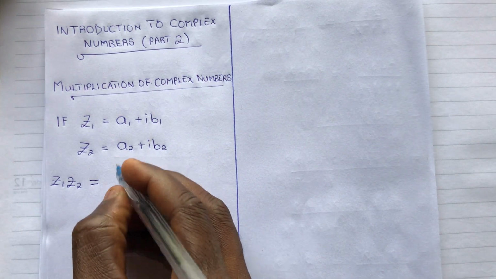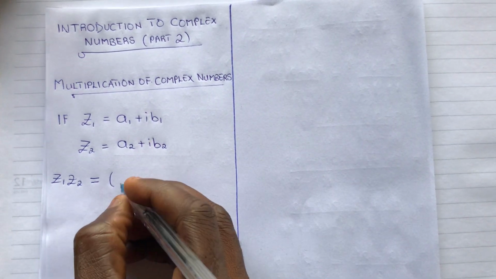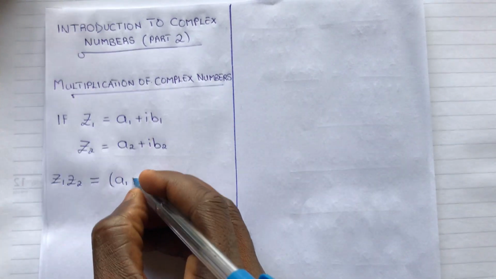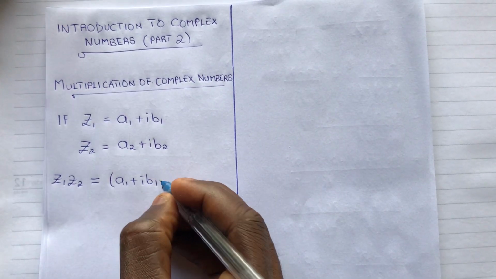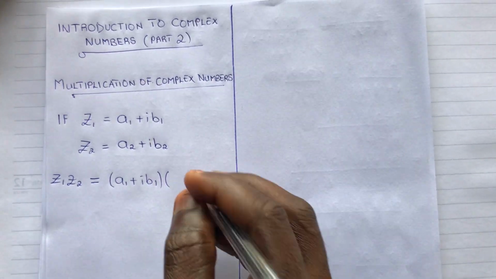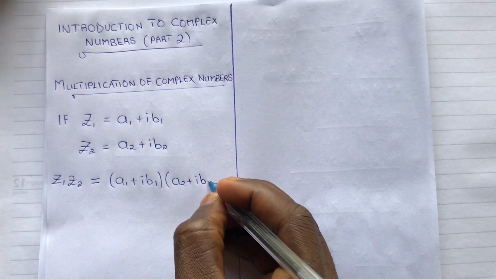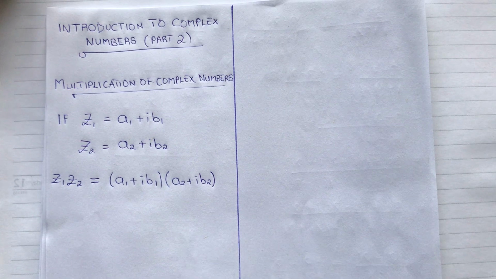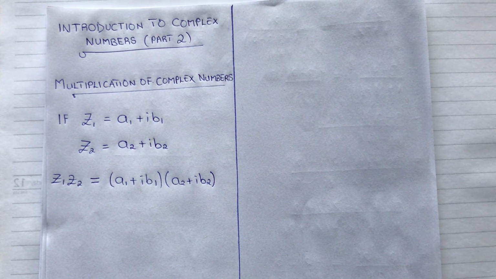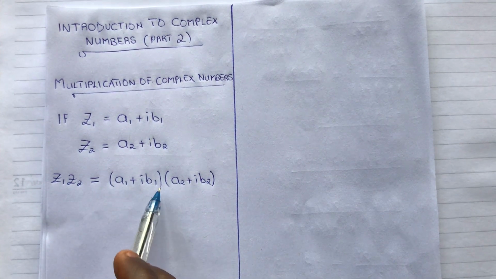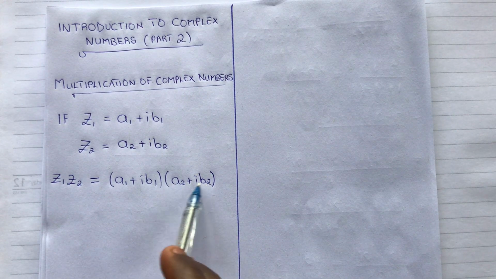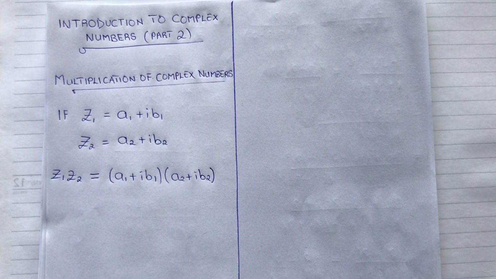Let's do that. We have the first bracket, which is A1 + iB1, multiplying A2 + iB2. We expand both brackets.